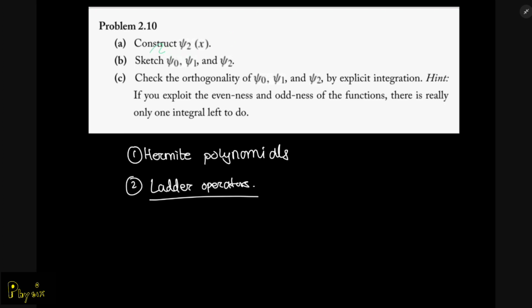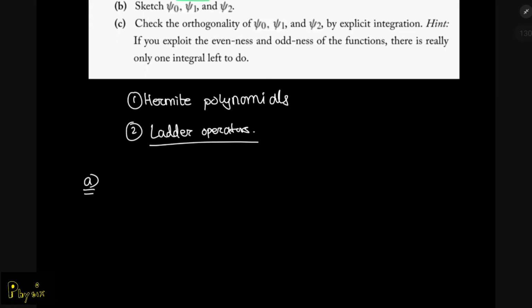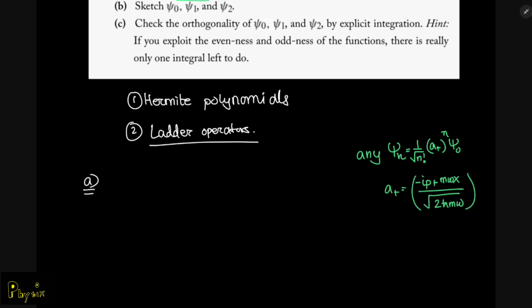Okay, so the first question says, construct psi of 2. So we have to construct psi of 2 in the simple harmonic oscillator. And recall that since we are using the concept of ladder operators, any psi of n can be written down as 1 over the square root of n factorial times a plus to the power n times psi of 0, where a plus is negative i p plus m omega x all over the square root of 2 h bar m omega.